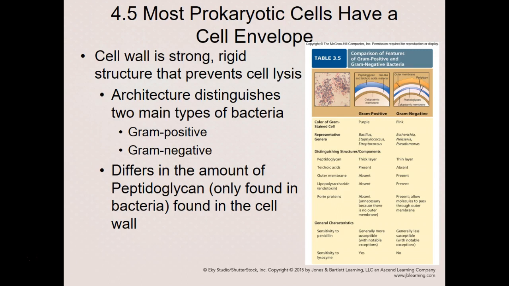Peptidoglycan, which I tend to write down as PTG, is only found in bacteria, so you'll never see it in Archaea, and it's found in a thicker amount in gram-positive bacteria. There's less peptidoglycan in gram-negative bacteria. There's still peptidoglycan, but just less of it.